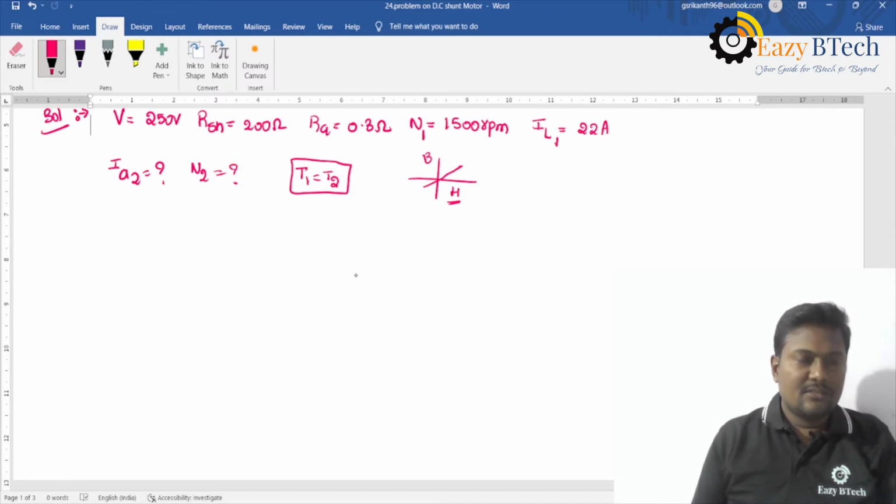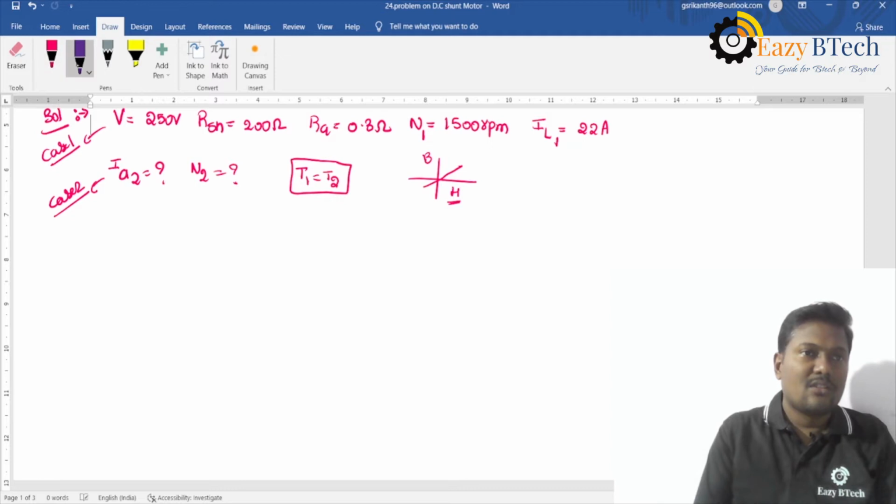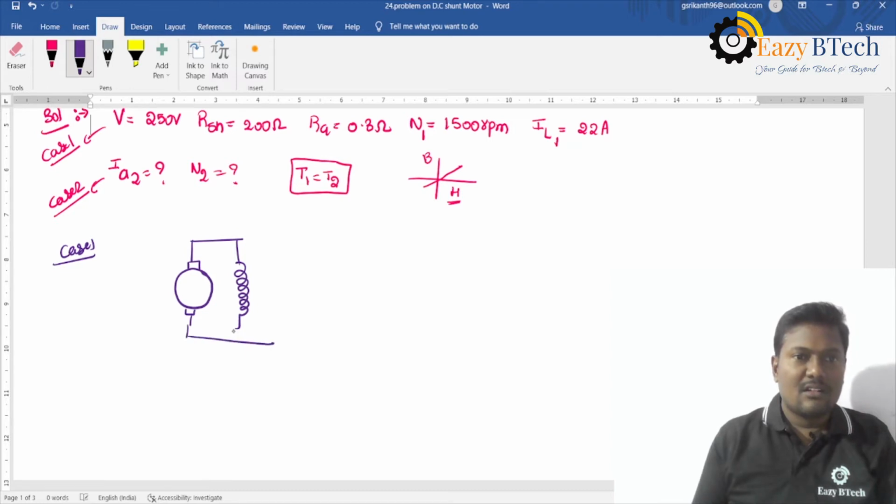So coming to this, first you should draw the diagram under case 1 condition. After that, for case 2 also you should draw the diagram. Case 1: this is the armature winding, and the field winding is connected in parallel with the armature for a normal DC shunt motor.